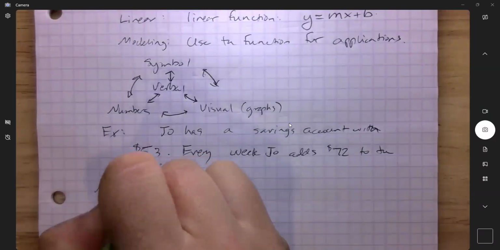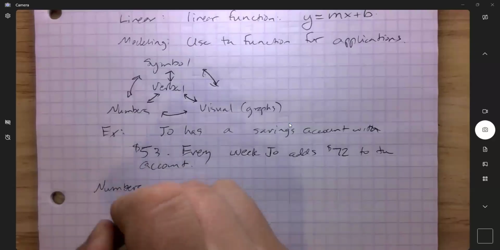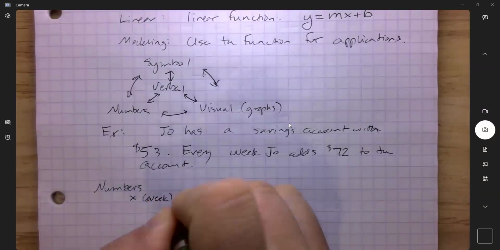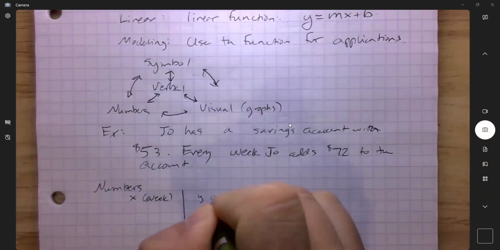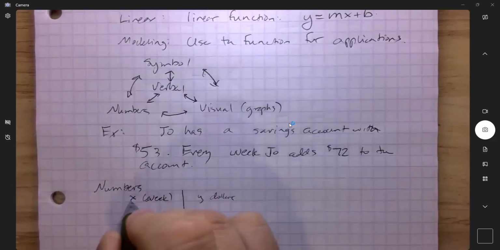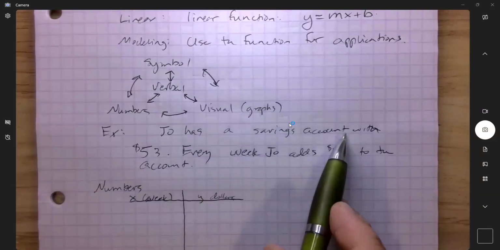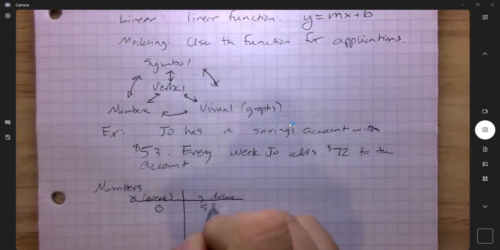So a lot of times when you're given a linear equation or linear modeling question, the numbers representation is the easiest. So let's let X be the weeks, and let's let Y be the dollars in the account. So if Joe starts a savings account with $53, that means in week 0, Joe has $53.